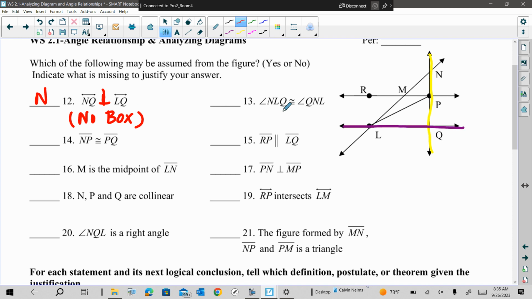So here on number 13, they're talking about this angle NLQ. So I might just trace the letters to make sure I'm focusing on the right angle. So N to L to Q. That is this angle here. And then they say Q and L. So Q to N to L. So this angle and this angle, are they congruent?